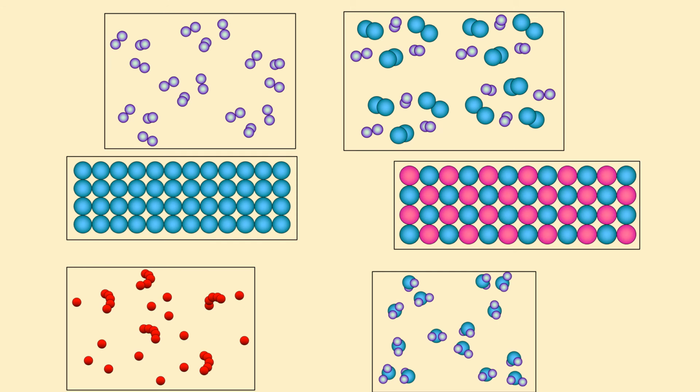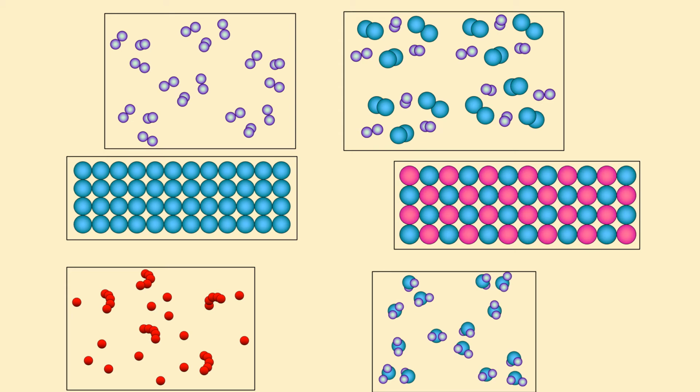Okay, have a look at these diagrams and see if you can describe them using the key words from this lesson. So I want to know if they are elements or compounds or mixtures, and if they are atoms or molecules.